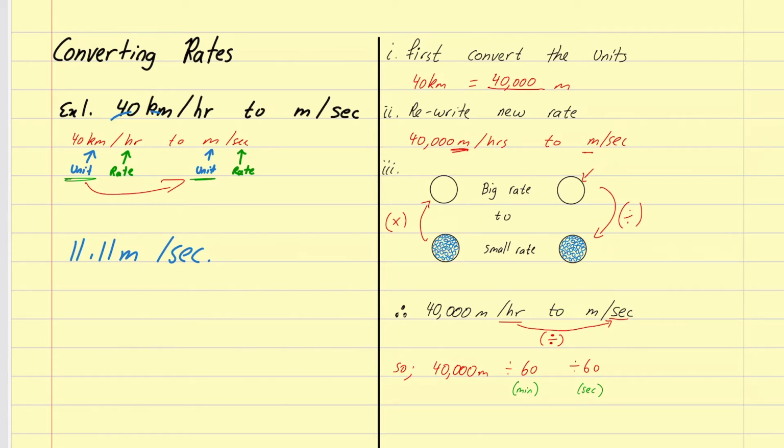Number 2, rewrite it just for your own sake, so you're following your train of thought. Then number 3, ask yourself, am I going from a big rate to a small rate, or am I going from something small to something big? If I was going from minutes to days, I'm going from something small to something big, so I'm just going to be multiplying by whatever the converting rate is.